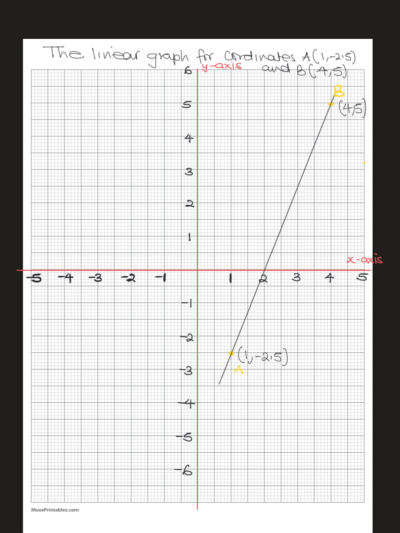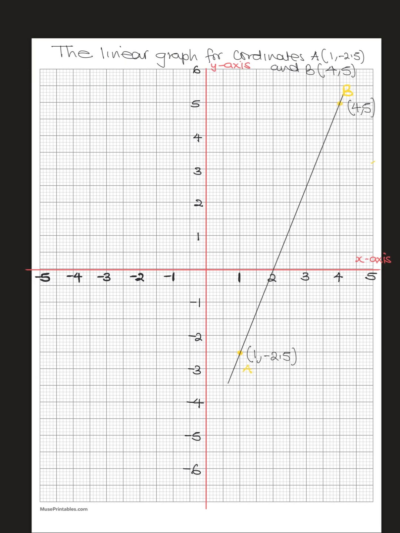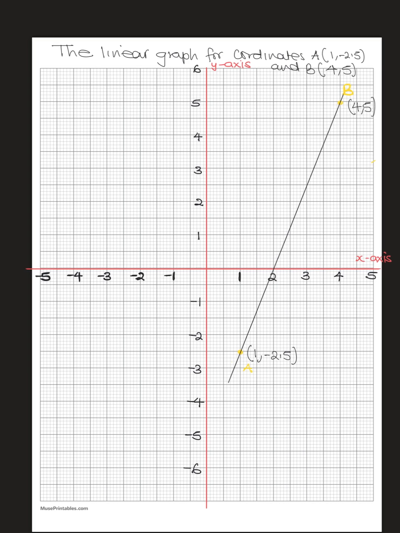So I will extend the graph and see where it will come exactly. So as you can see, the graph cuts the y-axis at point where y is equal to minus 5.